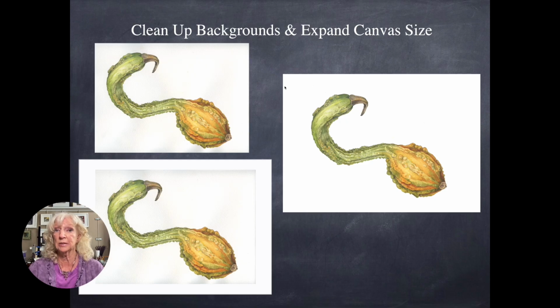But the paper was actually bigger and it felt kind of tight. And so I wanted it to go to the original size. So what I did was I created and expanded the canvas size in the background. And you'll see that in the image below. But you'll also see that the image is pretty dirty. The edges are grayed and there's dust specks and stuff. And so I have to clean up the backgrounds on my work.